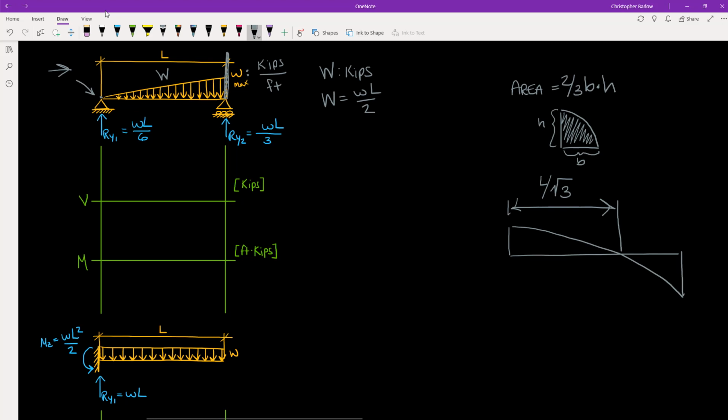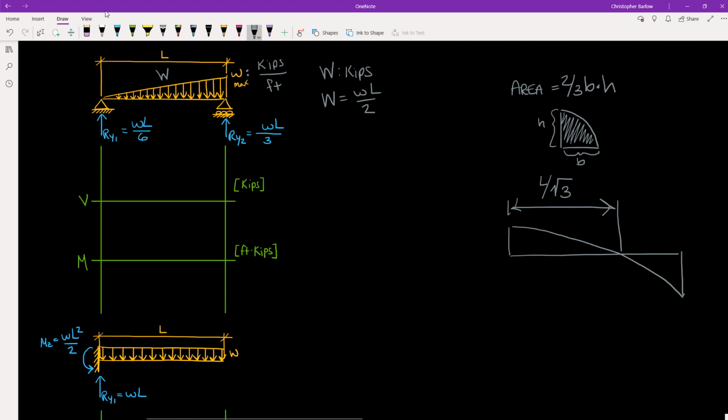So this type of analysis is very often seen with snowdrift calculations. And when we do snowdrift calculations, we calculate this maximum W, lowercase w, in kips per foot. So personally, I think it's a lot easier to keep things in terms of that.